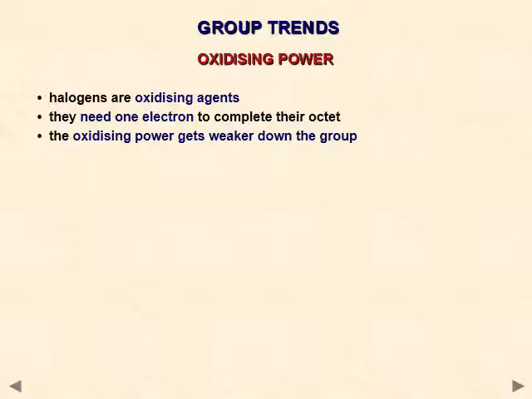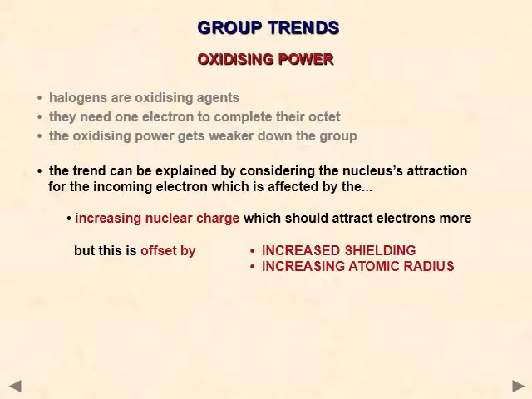So what happens to the oxidizing power? As we know that electronegativity decreases down the group, so does their oxidizing power decrease down the group. Fluorine, being the smallest, has the highest electronegativity and also the highest oxidizing power.